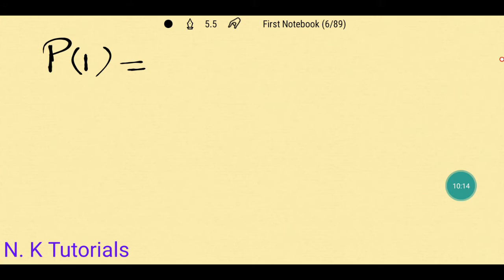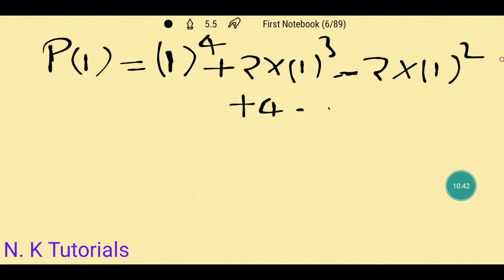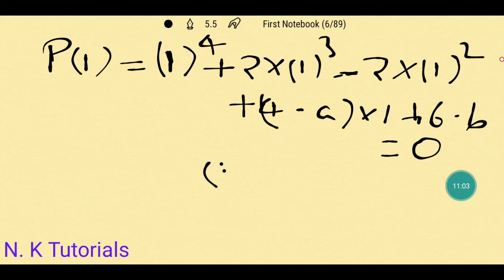So p(1) will be equal to 1 to the power 4 plus 2 into 1 to the power 3 minus 2 into 1 to the power 2 plus 4 minus a into 1 plus 6 minus b, and this will be equal to 0 according to the factor theorem.